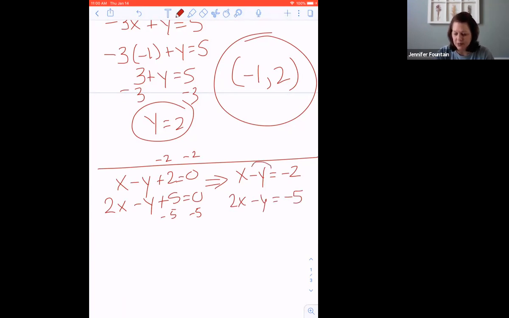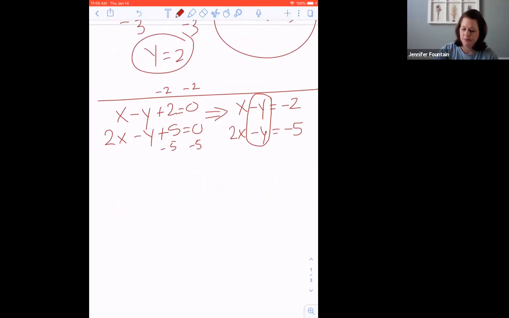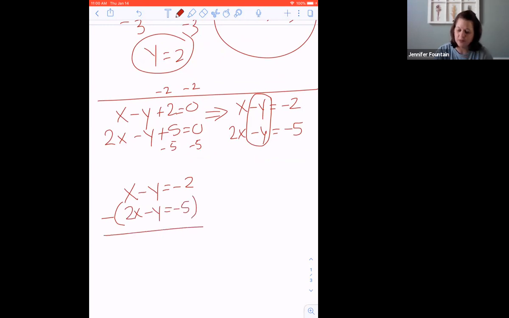I can see here I've got negative y, common terms for both equations. So I know I'm going to subtract. So I'm going to have x minus y equals negative 2 minus 2x minus y equals negative 5. I want to change this to adding the opposite.